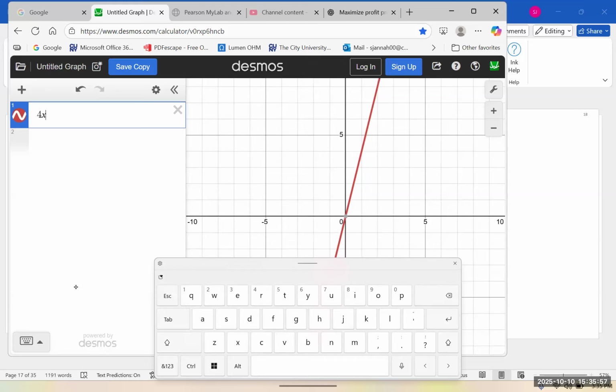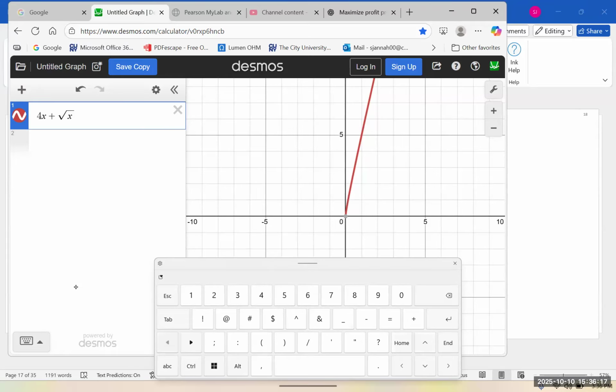Minus or plus? Plus. 4x plus square root of x, and then minus 333.